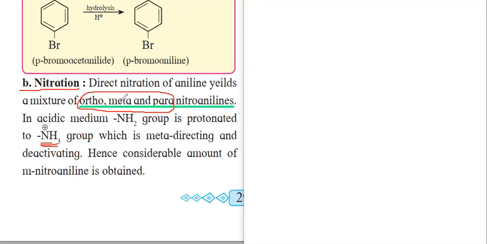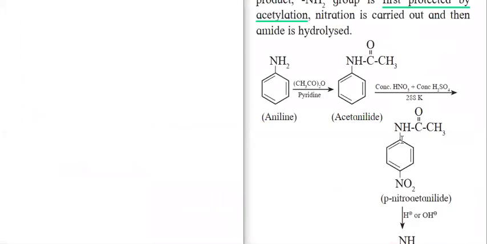Because of that, instead of only ortho and para positions, there is a formation of the meta product also. Hence a considerable amount of meta nitroaniline is also obtained, and we get a mixture of all three kinds of products: ortho, meta and para.